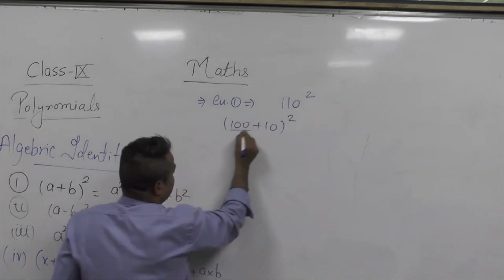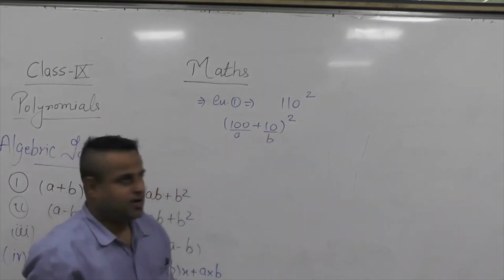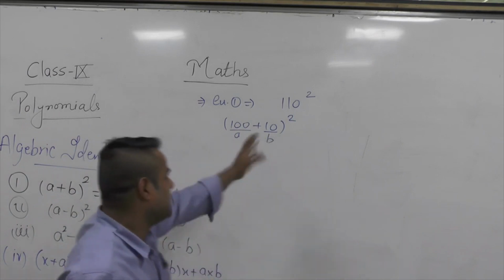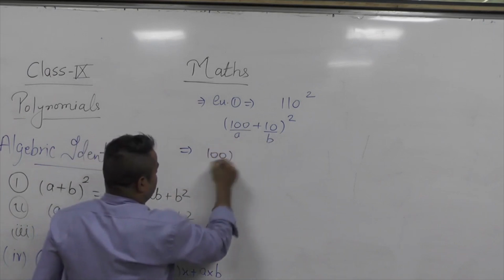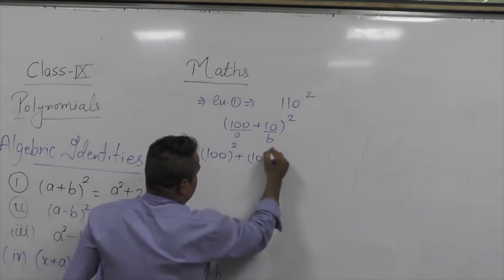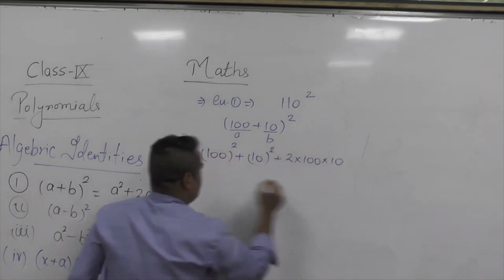Now we assume 100 as our A and 10 as our B. So it looks like A plus B whole square, and we can apply this identity now. So we can write it as A square, that means 100 square, plus B square, that is 10 square, plus 2AB, that is 2 into 100 into 10.